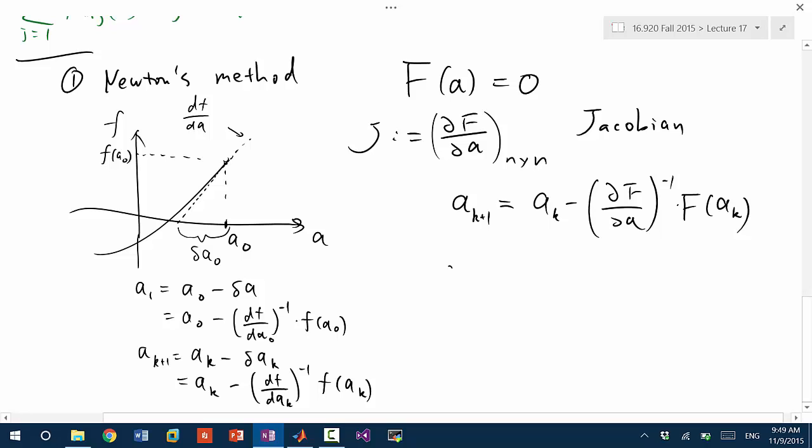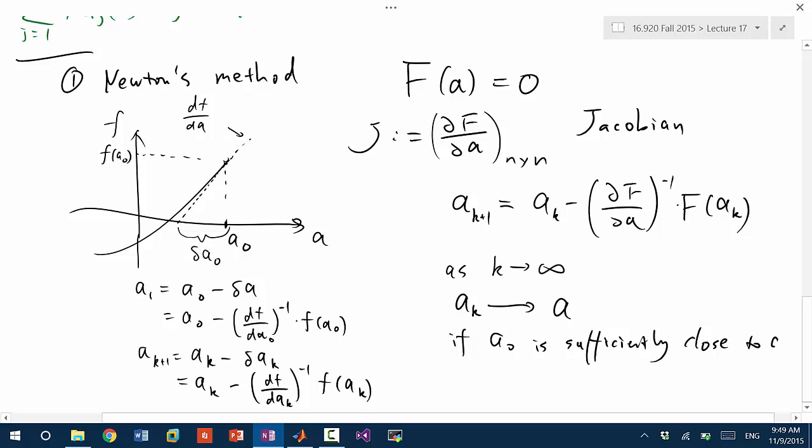As k goes to infinity, Newton's method guarantees that if a0 is sufficiently close to the correct solution a, then a_k converges to the root. In most cases, it's really hard to estimate what a0 is sufficiently close to a.